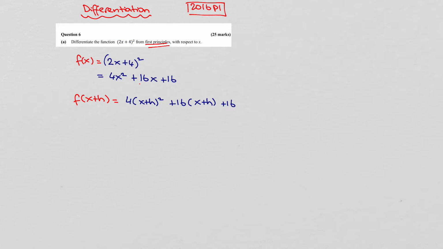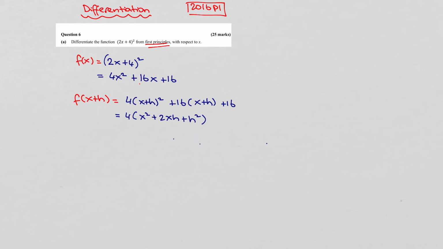Like the last step, we're going to simplify before moving on. I have 4 times (x + h) squared, so (x + h) by (x + h) is squaring the first term, multiplying them and doubling it, and squaring the second term. Then I multiply that all by 4 in the next line.